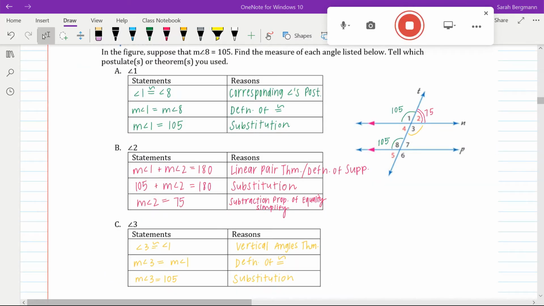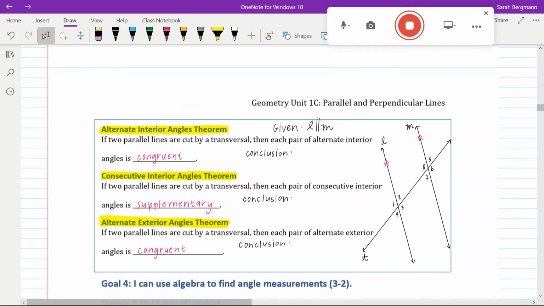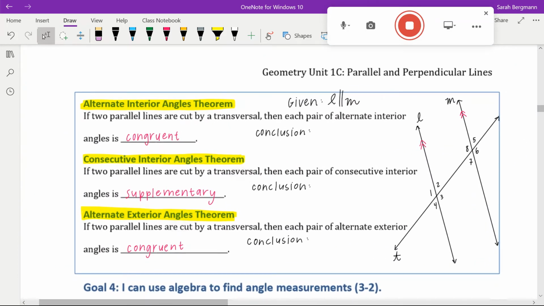Alright, next let's go to the next page. We have similar theorems for different angle pairs. We have another theorem called alternate interior angles theorem. This says that if two parallel lines are cut by a transversal, then each pair of alternate interior angles is congruent.